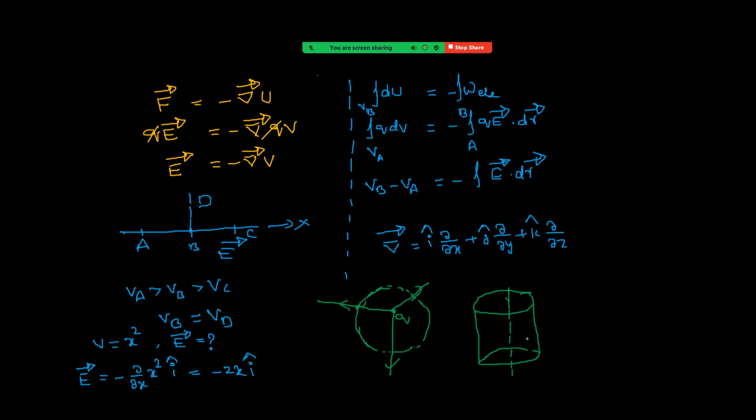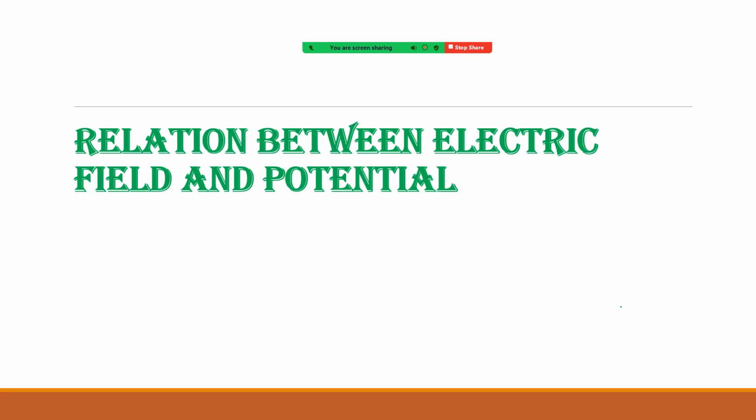And there is one more: if the electric field is uniform at each and every point, then you can imagine a plane which is normal to the direction of field. That means in case of a uniform field, equipotential surfaces are planes.